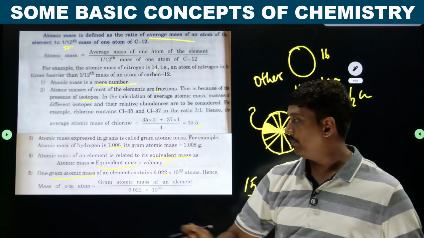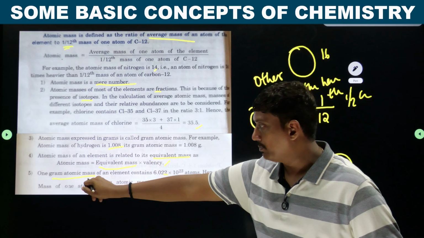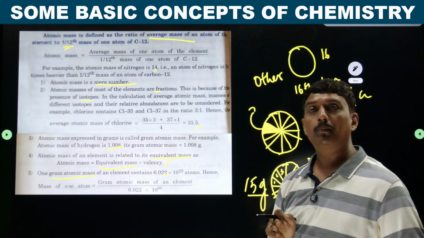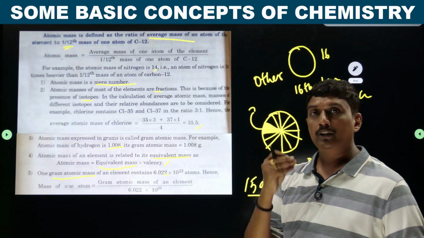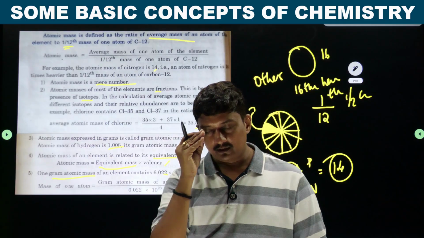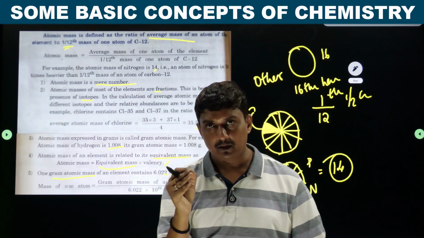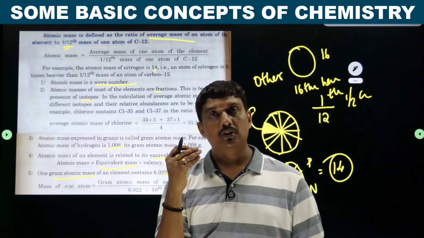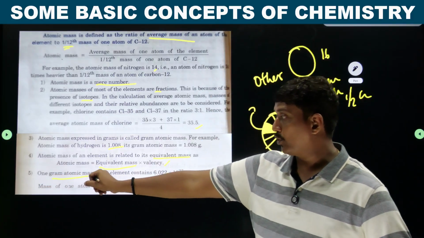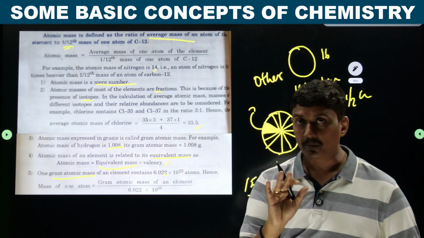You take 4 grams, which is equal to 1 gram atomic mass, which is equal to 6.022 into 10 to the power 23 atoms. Instead of gram atomic mass, they can also give 1 gram atomic mass like this.